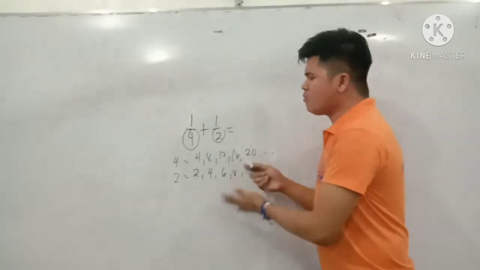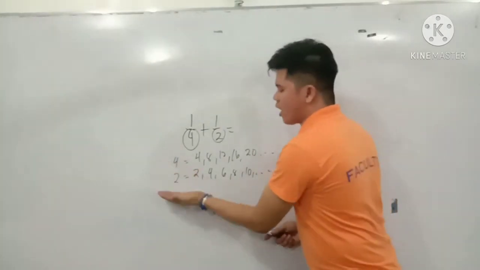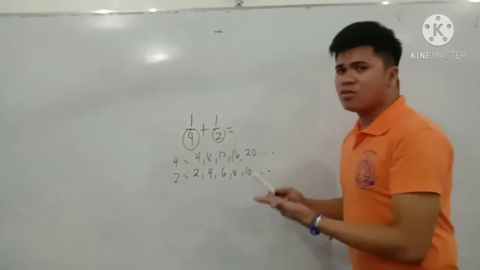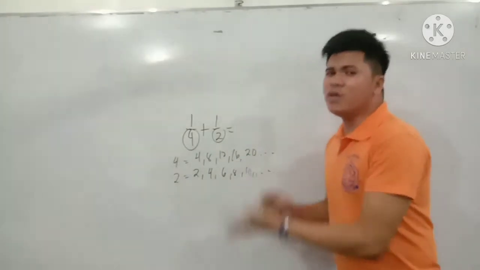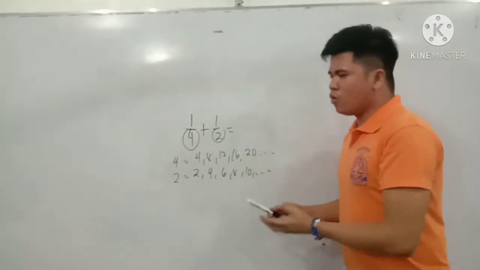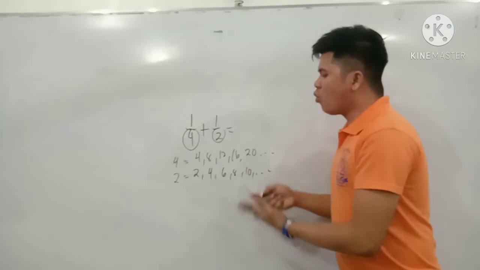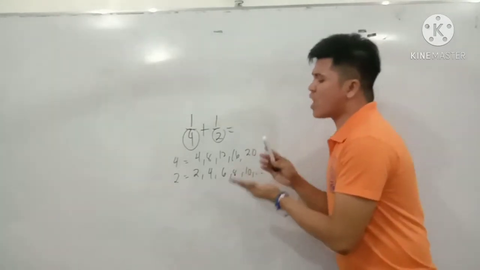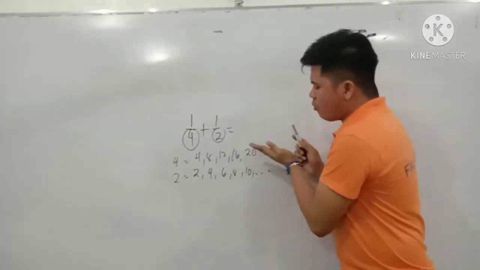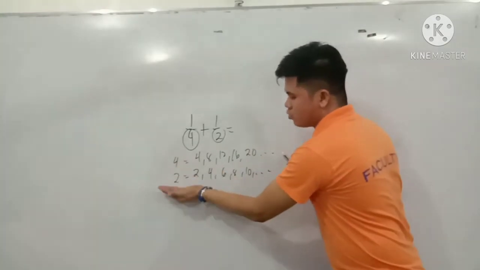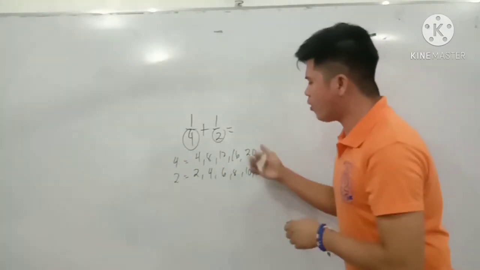So now, from the multiples of 4 and 2, what number is the first common? When we say common, the same. So, what is the first same number from the multiples of 4 and 2? That is 4. Very good.